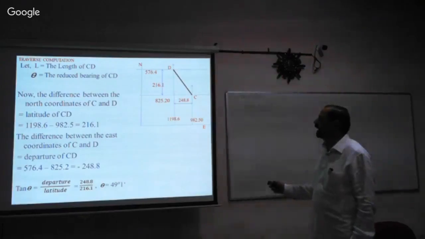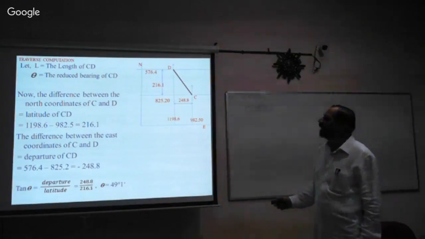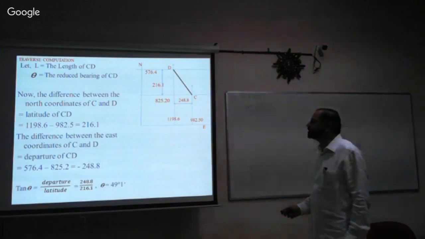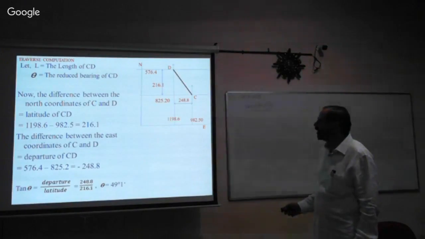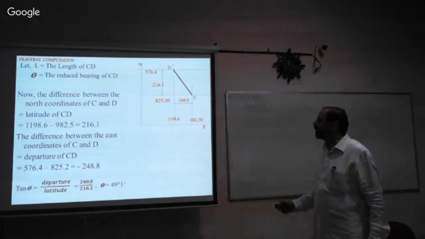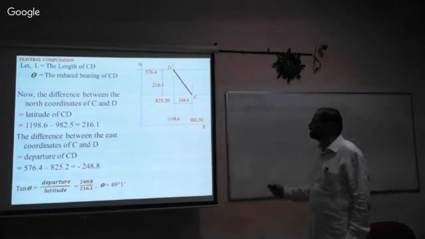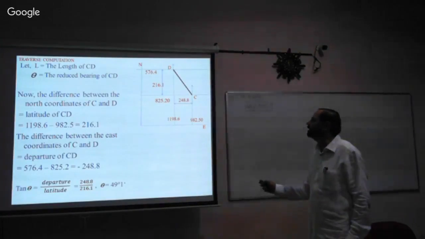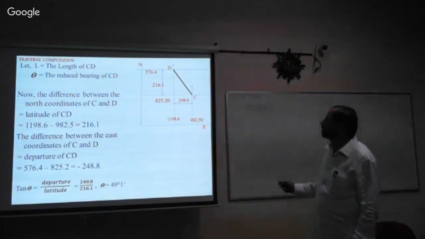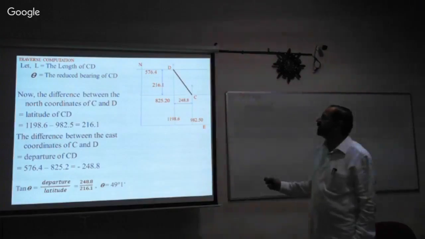So the latitude of this line CD is 216.1. And the departure of line CD is from here to here. The departure of line CD is equal to the difference between the east coordinate of C and the east coordinate of D.